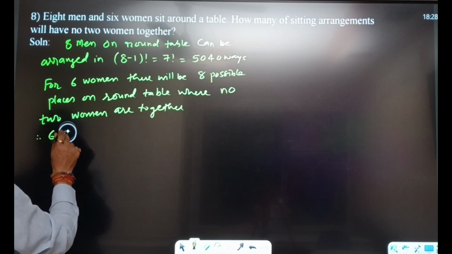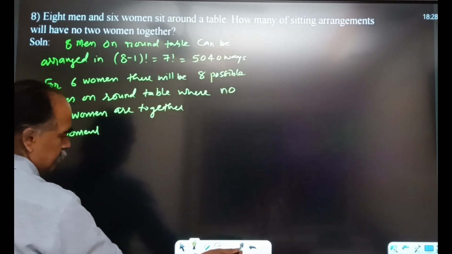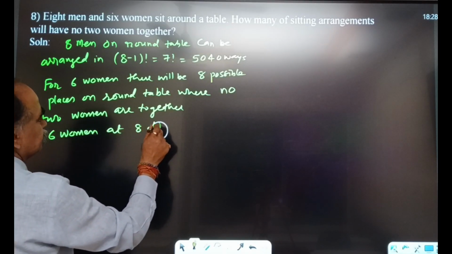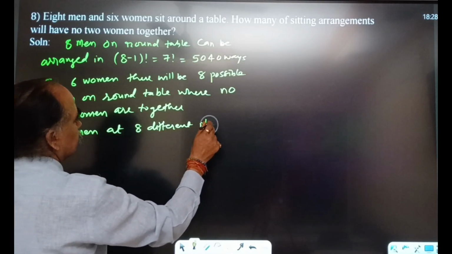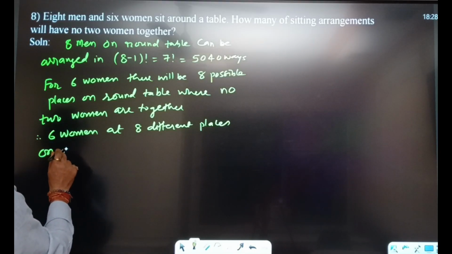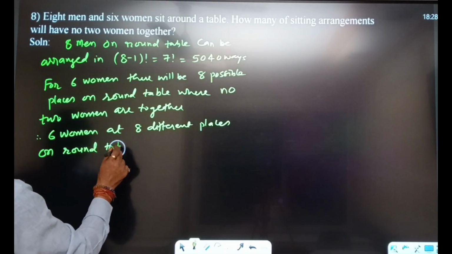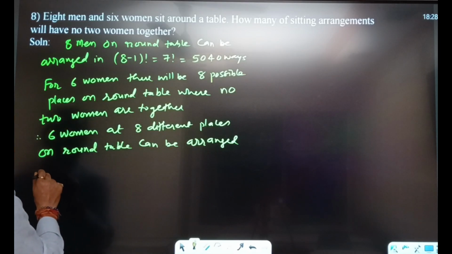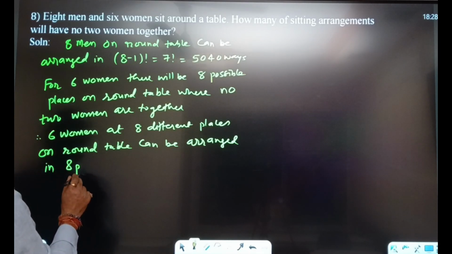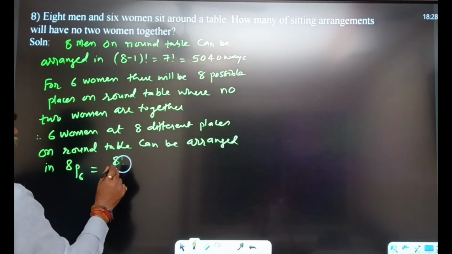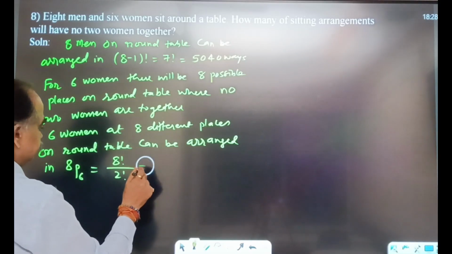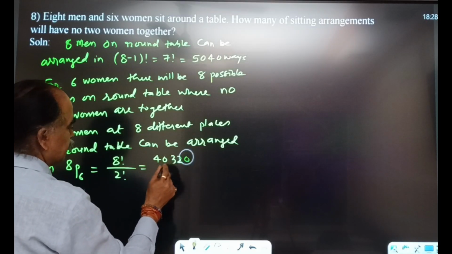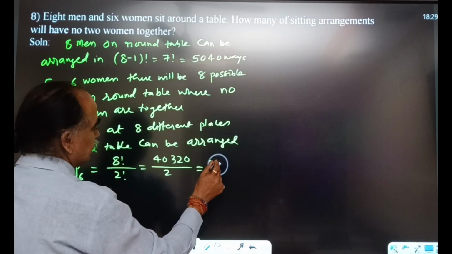Therefore, 6 women at 8 different places on a round table can be arranged in 8P6, 8 factorial upon 8 minus 6, or 2 factorial, is equal to 40,320 upon 2, 20,160 ways.